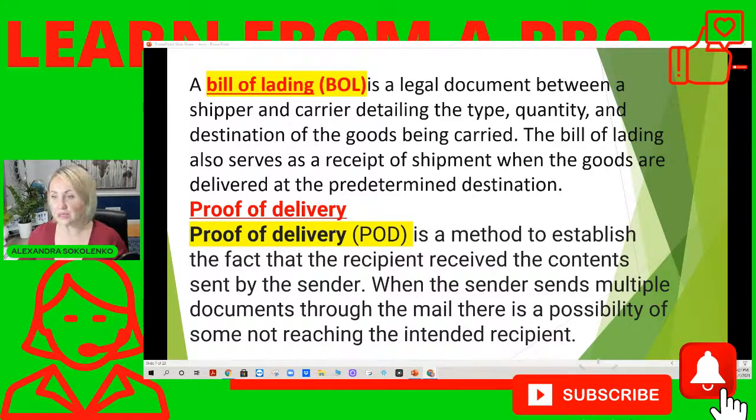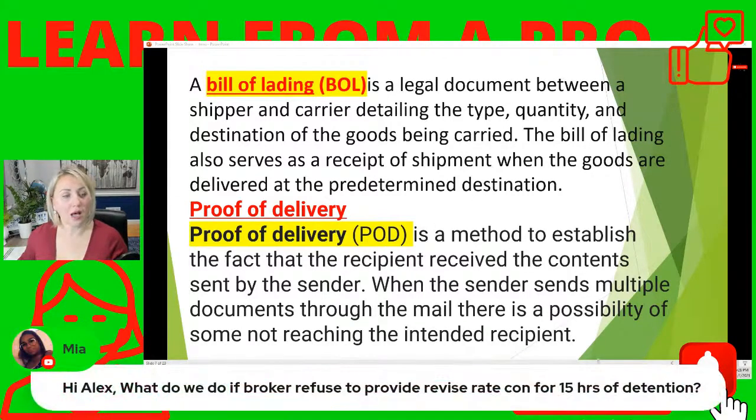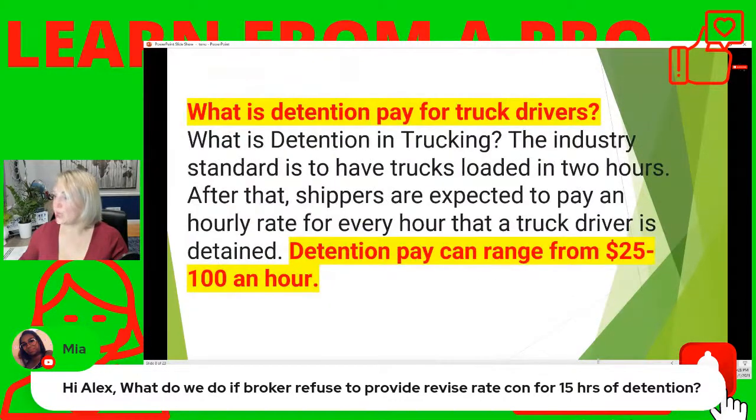So let's continue. Somebody's asking me, Mia's asking, hi Alex, what do we do if the broker refuses to provide a revised rate confirmation for 15 hours of detention? Well, we need to understand how long detention can be paid, right?